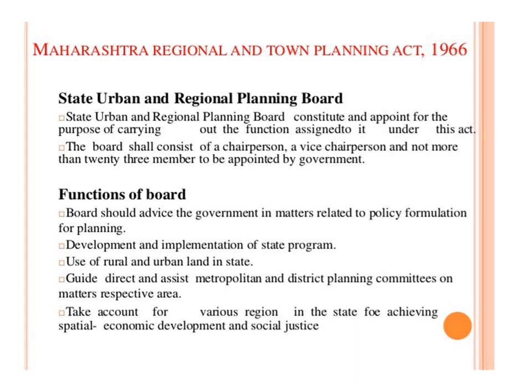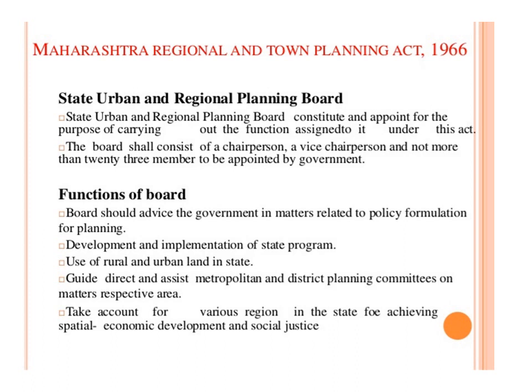Secondly, the development and implementation of state programs and use of rural and urban land in state. Guide, direct and assist metropolitan and district planning committee on matters on respective areas. And finally, take account of various regions in the state for achieving special economic development and social justice.